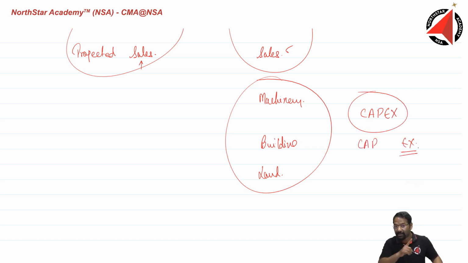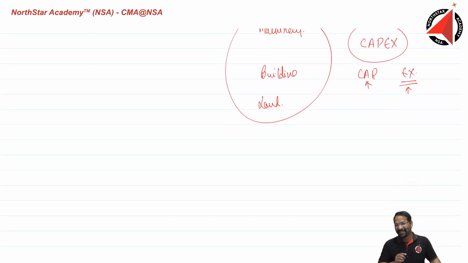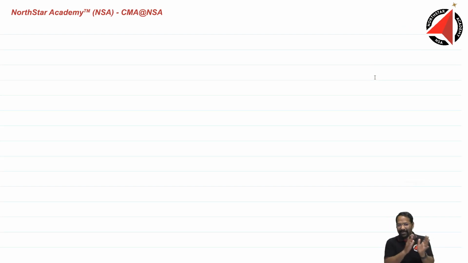This X has nothing to do with your X. So this is called capital expenditure, and this is called operating expenditure. Your X is not operating, so you will not have this expenditure, right? Fine. So CAPEX, OPEX understood, budgeting understood.